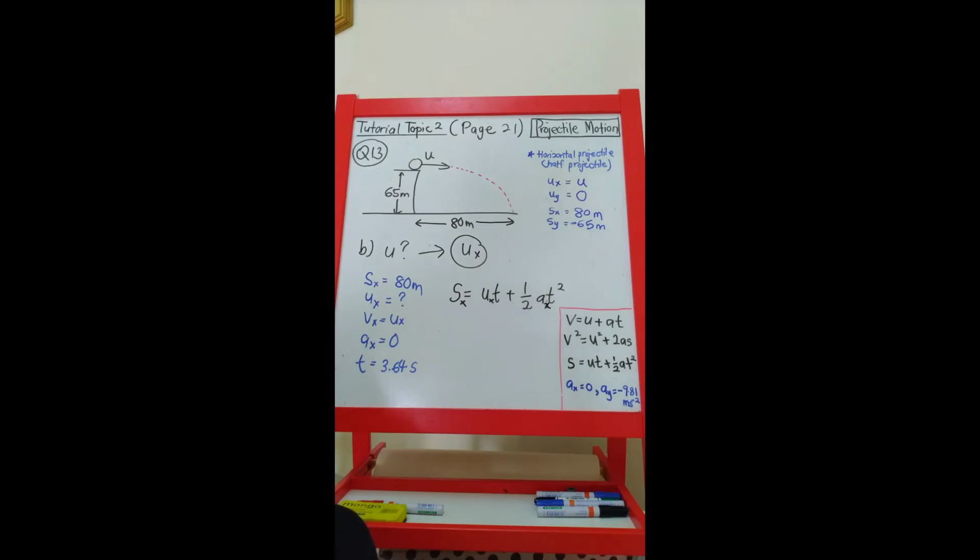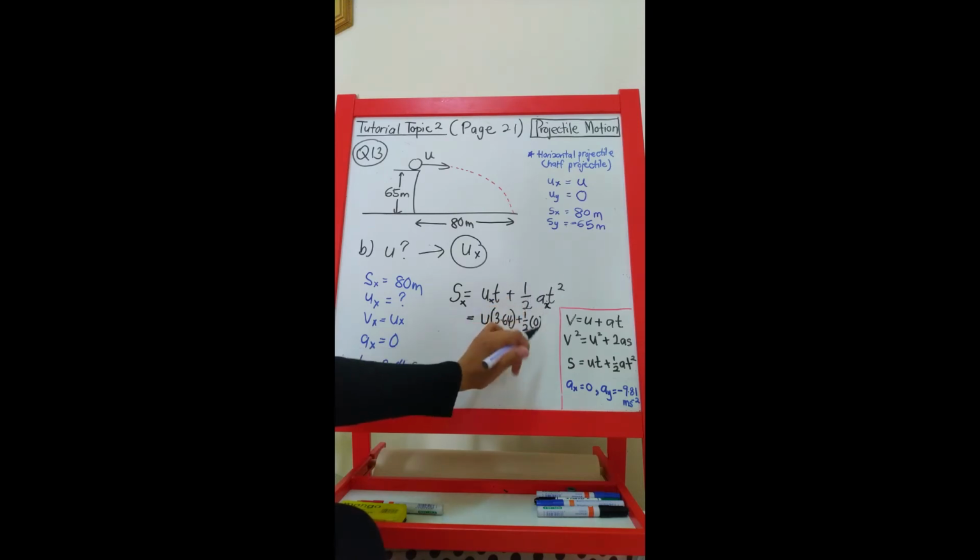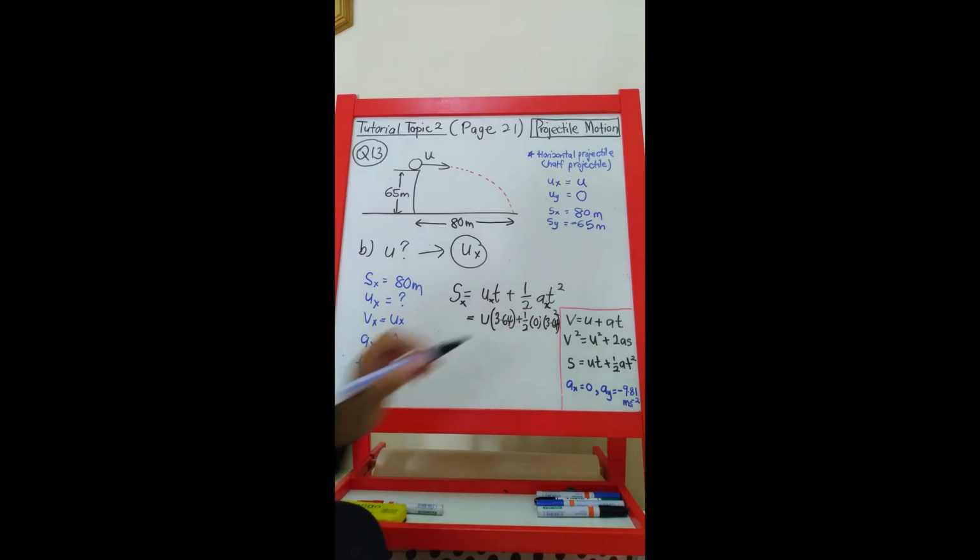Okay, substitute. Ux is what we're going to find, which is u. T is 3.64, plus half 0 times 3.64 squared, as Sx equals 80.